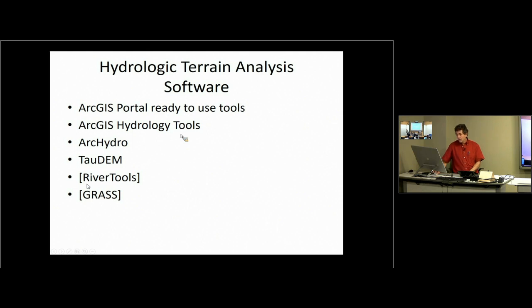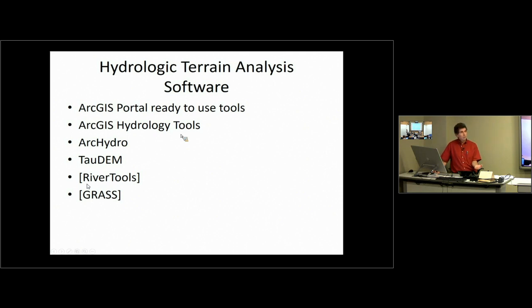There are the ArcGIS hydrology tools that we'll use in the exercise, that go through the steps that I just outlined and let you build up the information model. There's ArcHydro, which has a whole lot of additional functionality available. We're not going to really go into that in this class, because the ArcGIS hydrology tools get us to what we need and let you learn the main concepts.